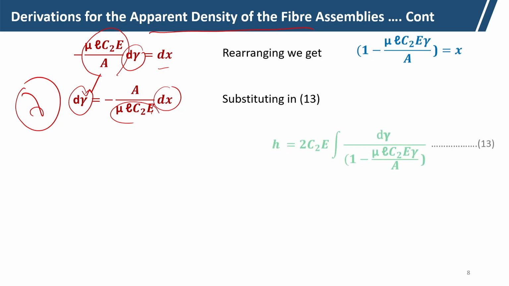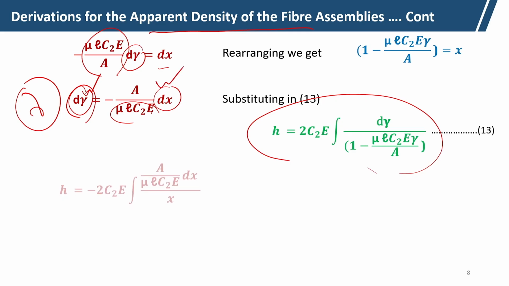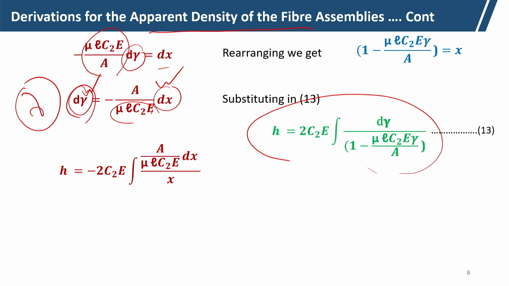So, we are getting the apparent density. Now substituting into 13, in place of d gamma we are using this.